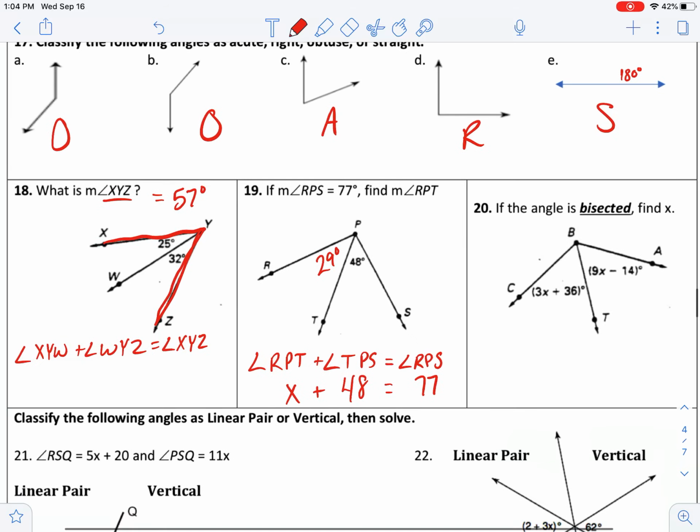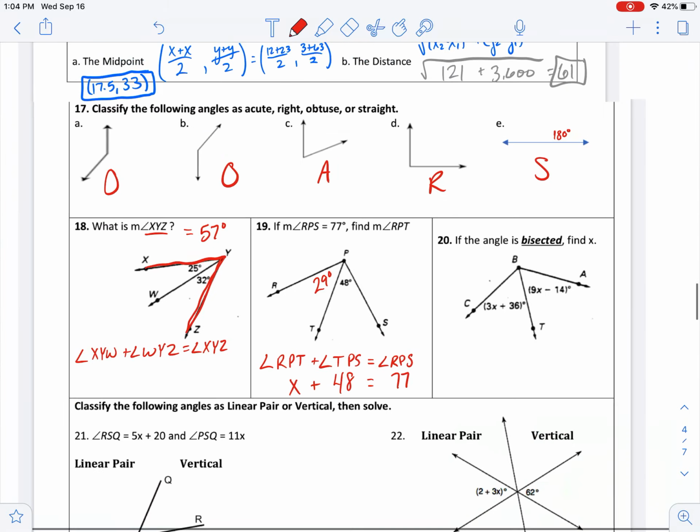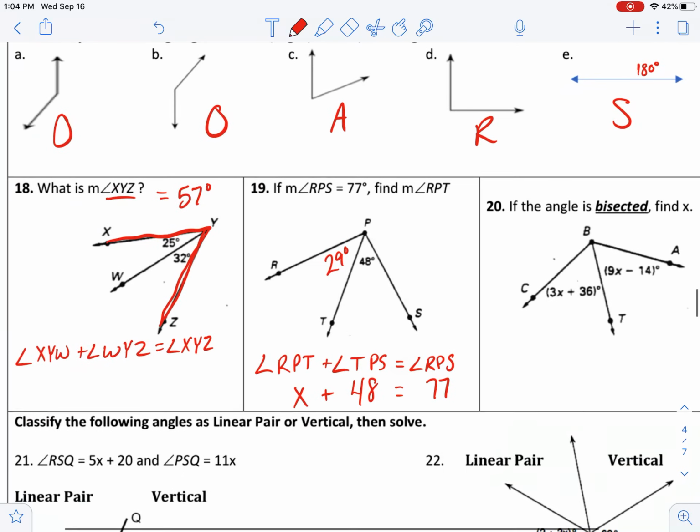And over here in 20, I've got if the angle is bisected. Now we got to think about what bisected means. So bisected, that means to cut it into two equal pieces. So if it's equal pieces, then these should be equal expressions.